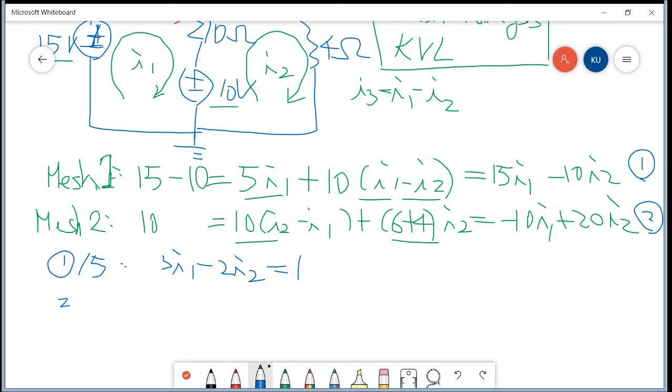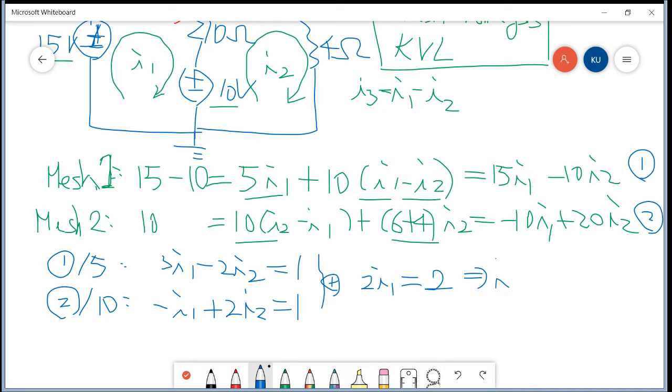And the second one, we may divide it by 10. So this one is minus I1, this one 2I2, and 10 divided by 10 is 1. So when we add them together, we have 2I1, and minus 2I2 plus 2I2 is cancelled. And on the right hand side, 2.